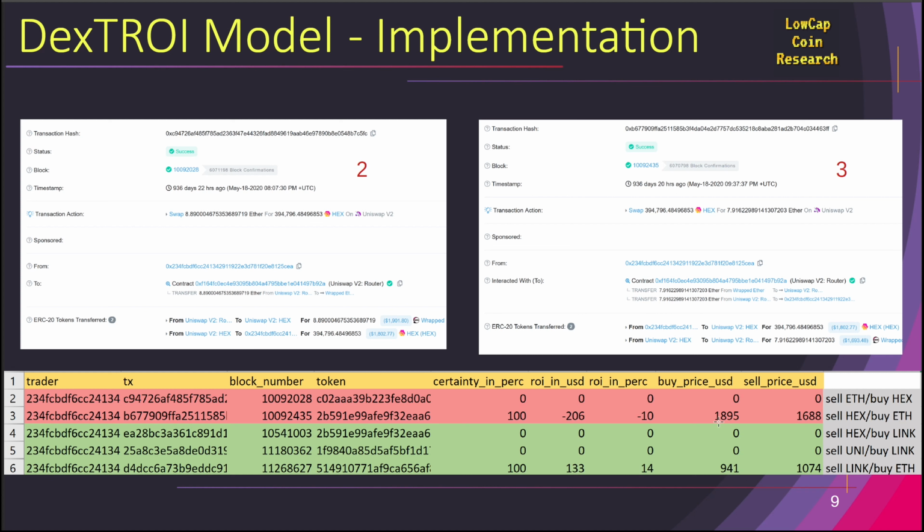That is this number here, but keep in mind that the prices in Block Explorer are just estimated. That is why we have here a little price difference. We can also see that the trader sold the HEX tokens for 1,688 USD. So the return on investment is minus 206 USD or minus 10%.